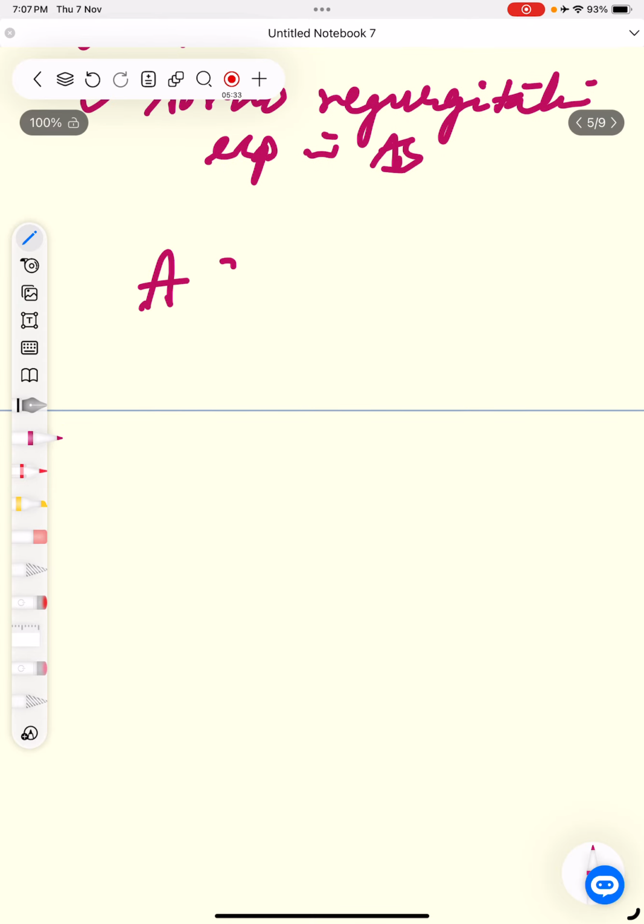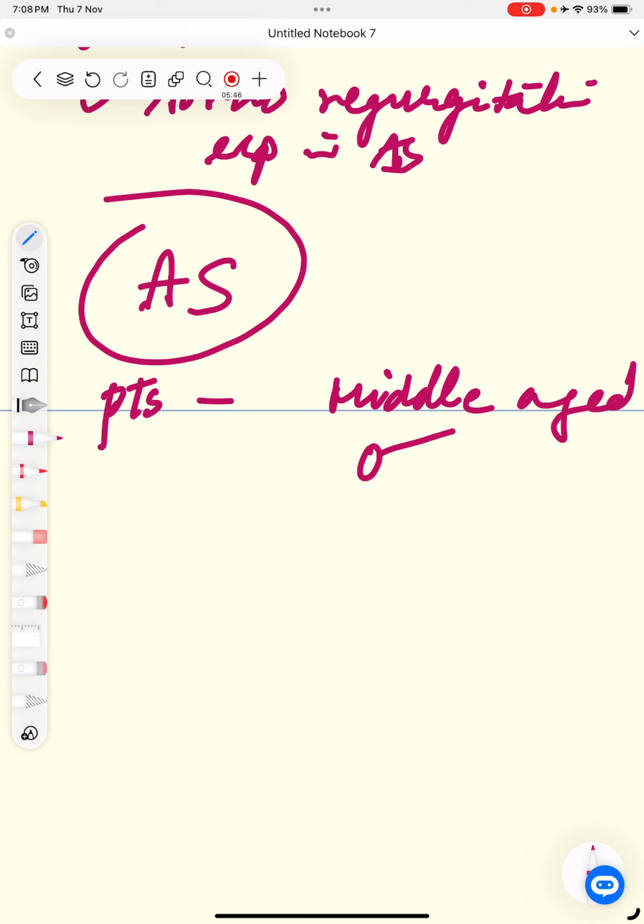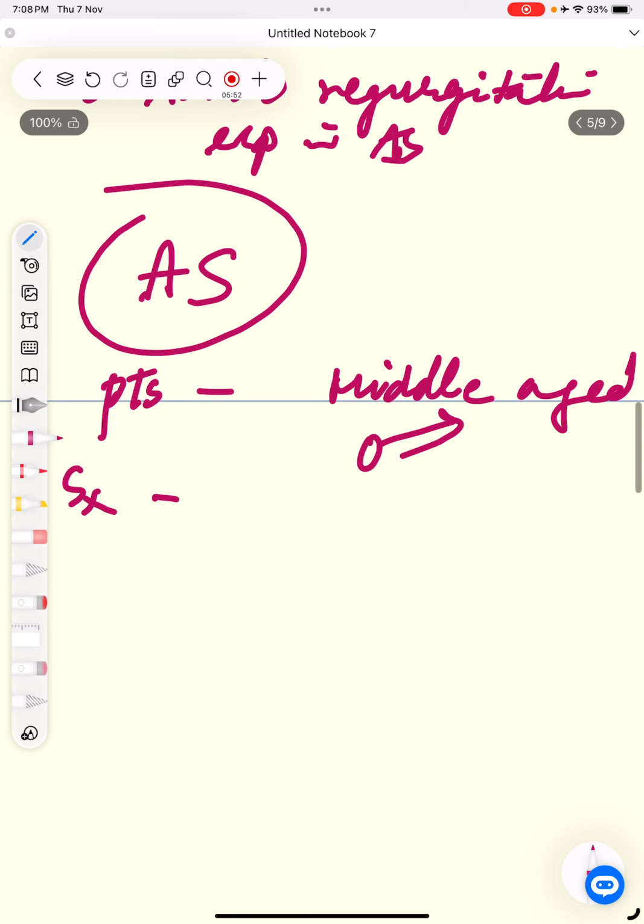Now let's talk individually about ankylosing spondylitis. The patients presenting to you will usually be middle-aged males, and the commonest symptom will obviously be low backache.